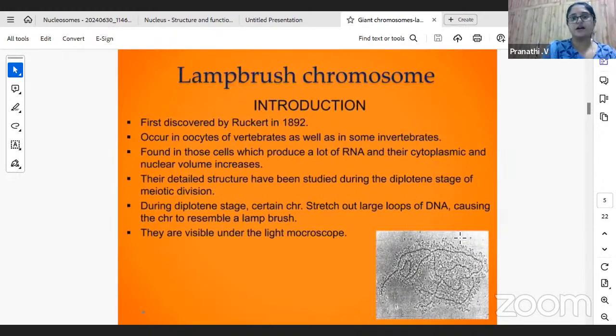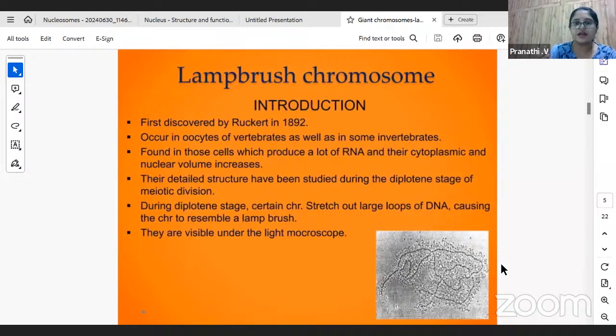It was discovered by Ruckert in 1892. It is seen in the oocytes, the egg cells of vertebrates as well as in some invertebrates. So what is the function? It produces a lot of RNA, and the cytoplasmic and nuclear volume increases.